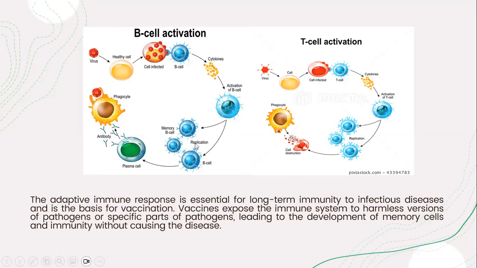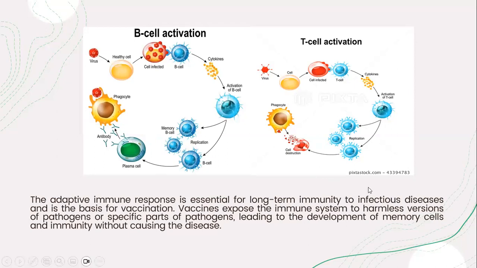So if we have memory cells and this virus were to affect the cell again, and our memory cell recognizes the virus, it would immediately start differentiating into plasma cells and start loading out antibodies. And the thing with the secondary response is that we would produce way more antibodies than in the primary response.